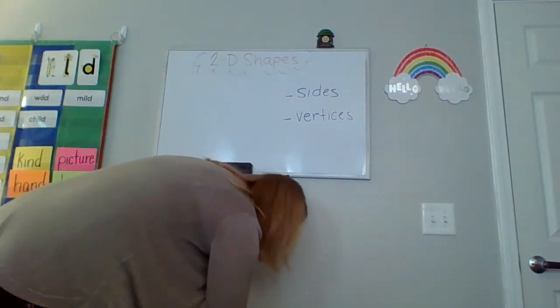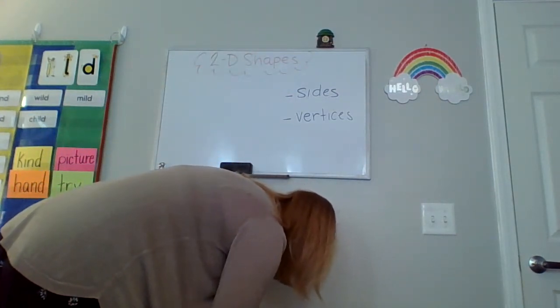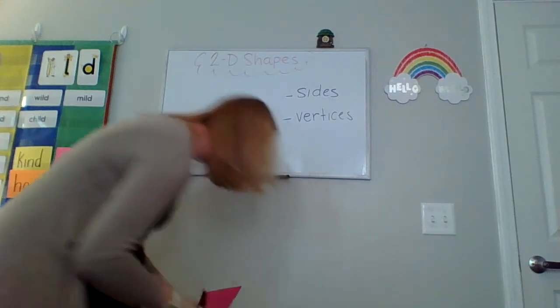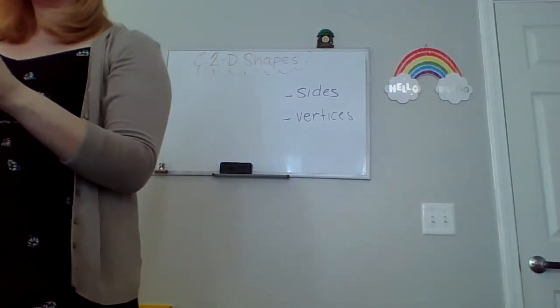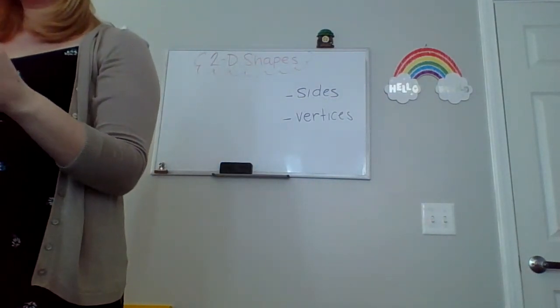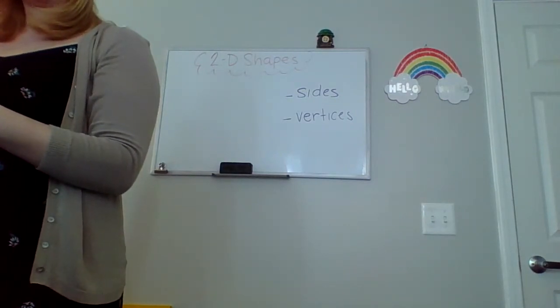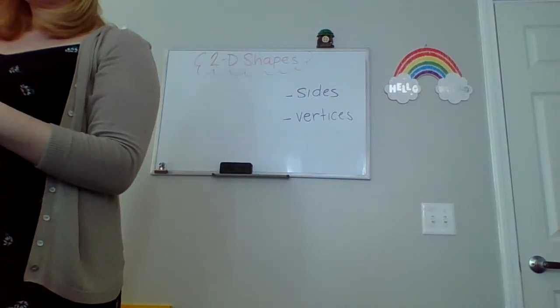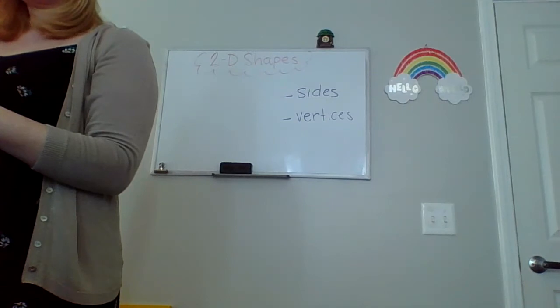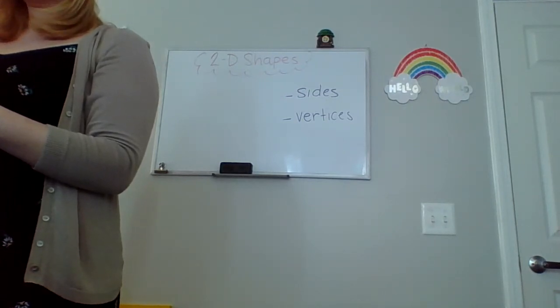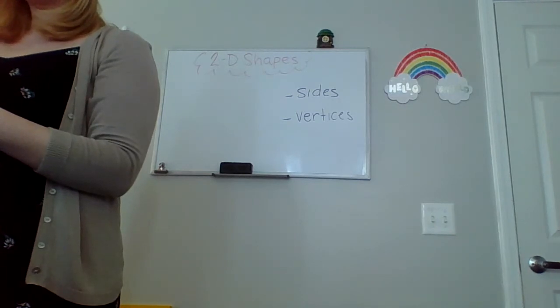All right, let's try another one. Oh, we haven't done this one yet. Let's try this one. Draw this shape for me. It's easiest if you rotate your paper.